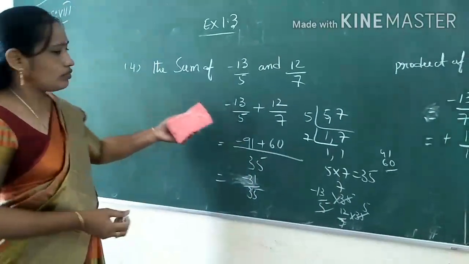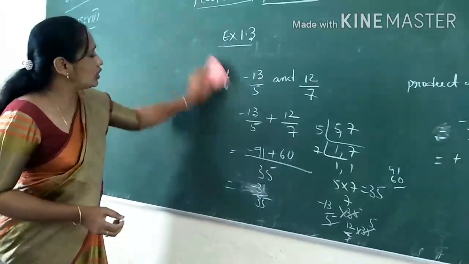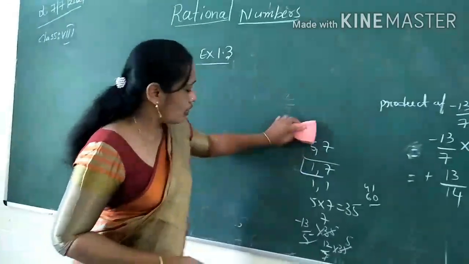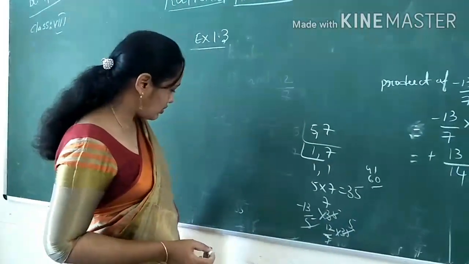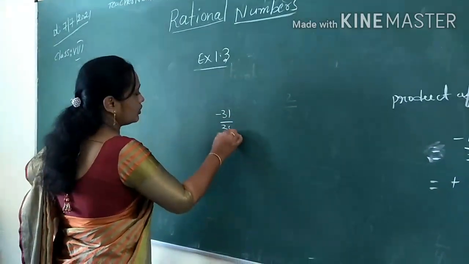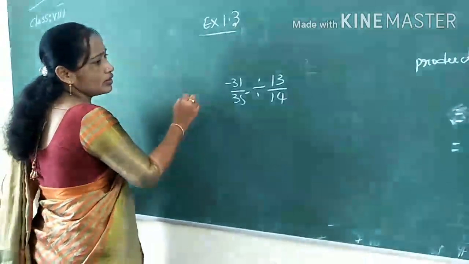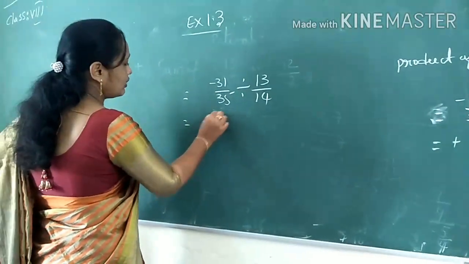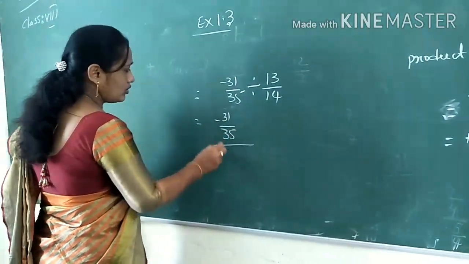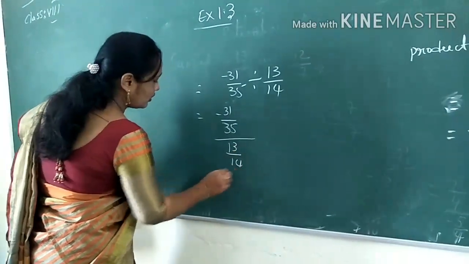Okay, we write this one. Minus 31 by 35 divided by 13 by 14. As usual, the denominator becomes its reciprocal, 14 by 13.